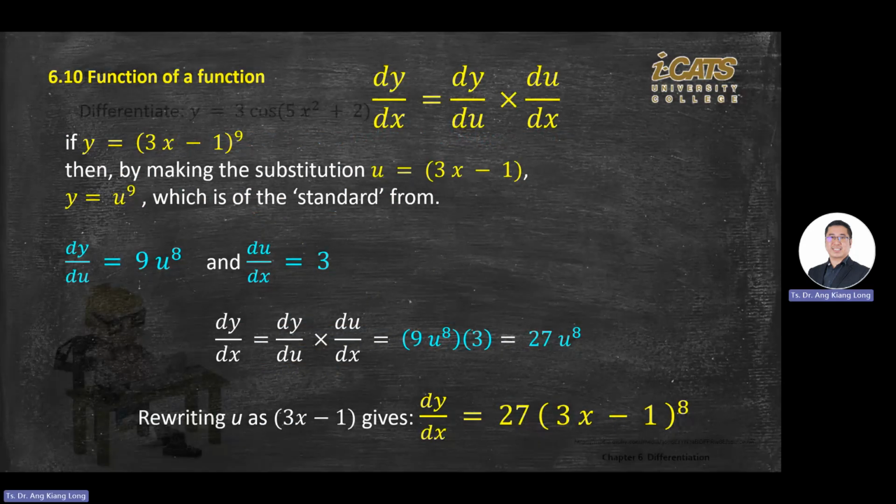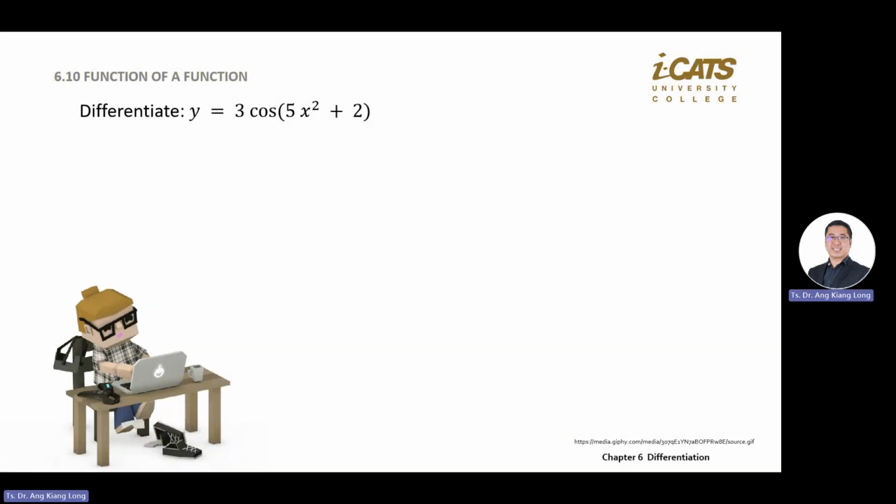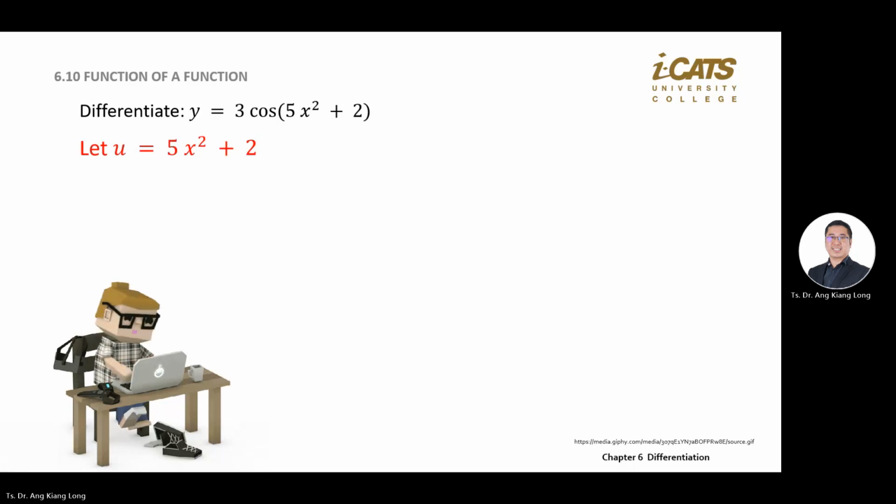Yeah. Now, for example, this one, right? It's a function. Then you have a bracket of 5x squared plus 2. So you let the bracket be u. If you see a bracket, usually we replace the bracket with u. Okay, it becomes y equal to 3 cos u.